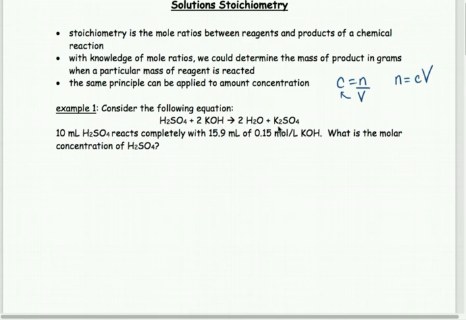Okay, and we happen to know the concentration of potassium hydroxide. So I want to know, if you know this information here, can you tell me what the molar concentration, or again, amount concentration of hydrogen sulfate is?